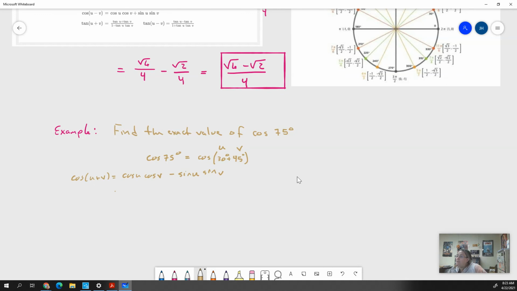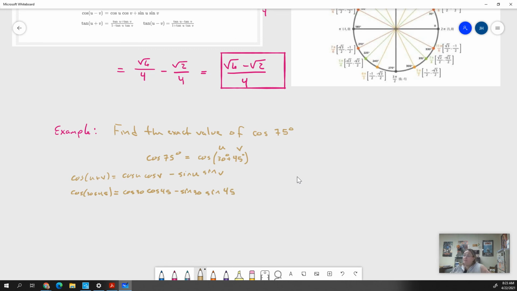And if we look at cosine of u, well, this for us is just going to be cosine of 30 plus 45. So we're going to have cosine of 30 times cosine of 45 minus sine of 30 times sine of 45.